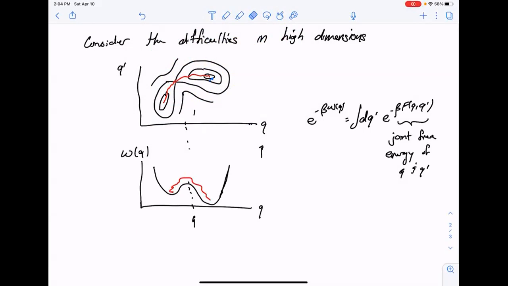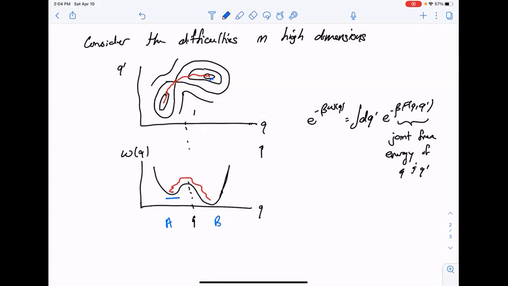Therefore, in general, in high dimensional systems, projections onto low dimensional coordinates can be misleading, can miss important dynamical effects, even though by construction, the free energetics are exactly conserved. If I wanted to know how probable it is to be in A or B, I don't need to know about Q prime.